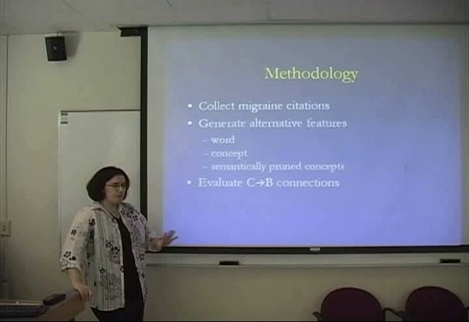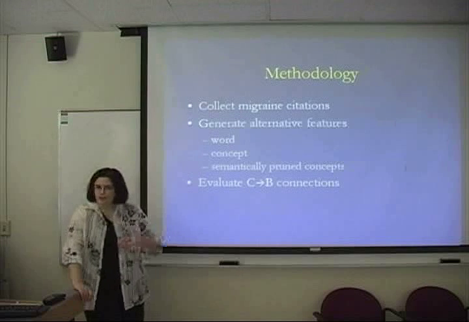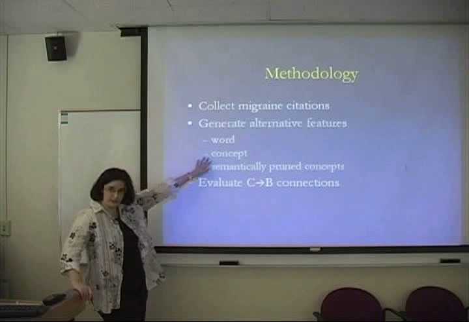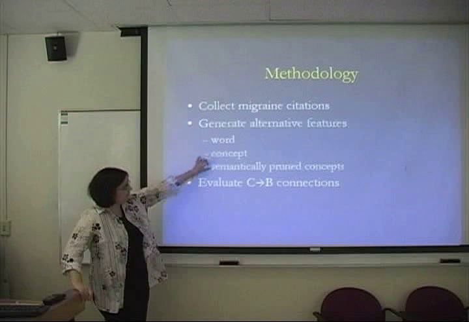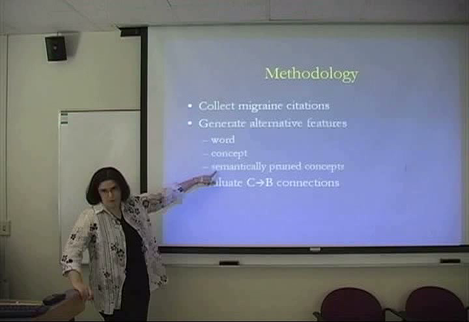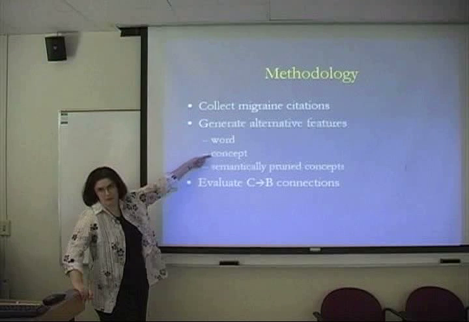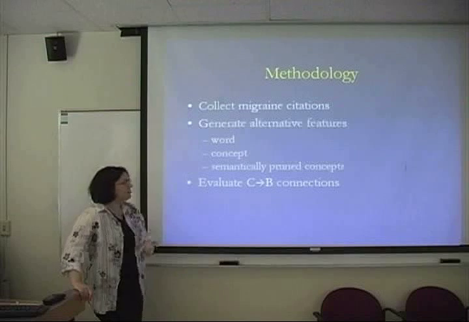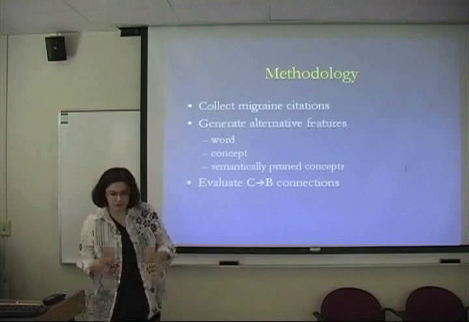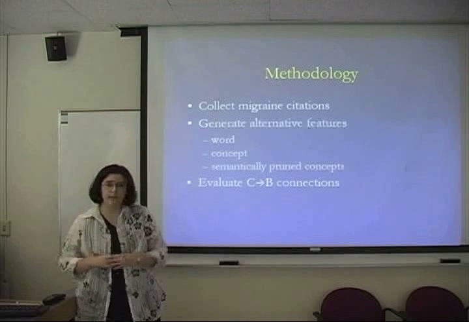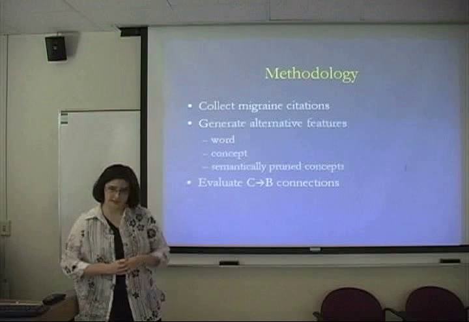We then just wanted to generate alternative representations. We played with word representation, the concept representation, and then this semantically pruned concept representation. So this set here was a subset of the concepts. And to evaluate, we took the migraine-magnesium connection as just one example, and we just wanted to be able to replicate that.